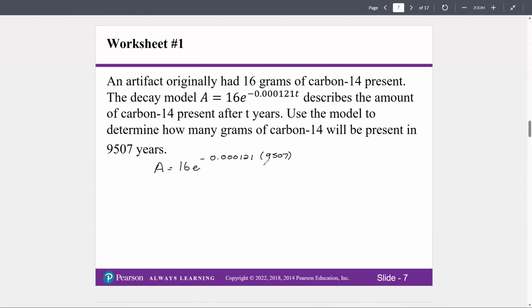Then we'll give you a much harder problem. So that is 16 e to the, so I'd use parentheses or brackets along the entire top here, negative 0.000121 times 9507. Just a second, that did not go into my exponent when I did that.